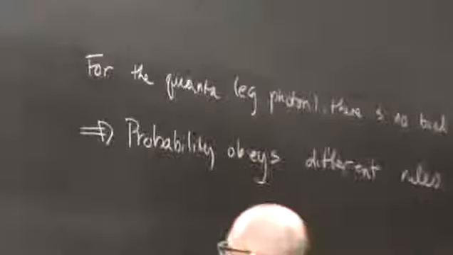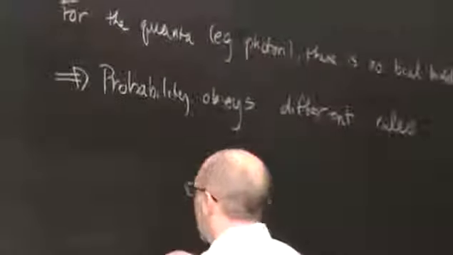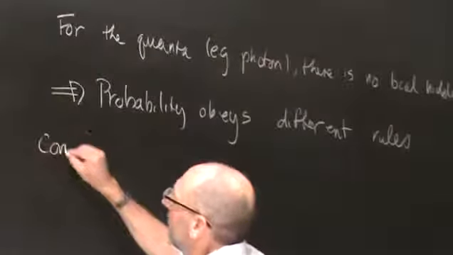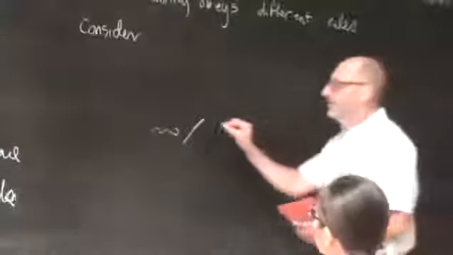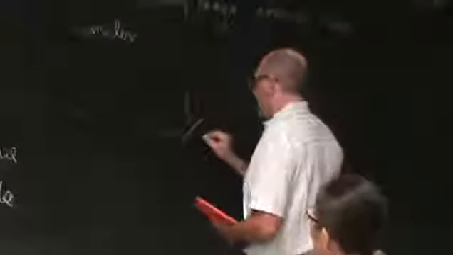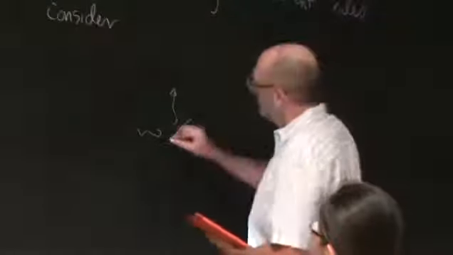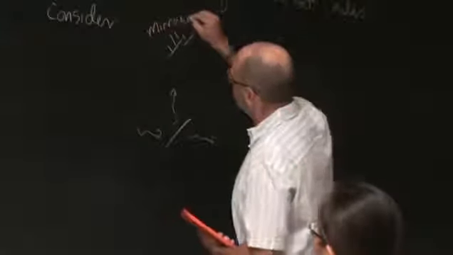So, the classic example of that is to consider the following. Here's my beam splitter again. Here's my photon incident on that beam splitter. As we said, it could be reflected from that beam splitter, it could be transmitted. But suppose now we set things up so that we take these two possible trajectories that the photon goes and put mirrors here.